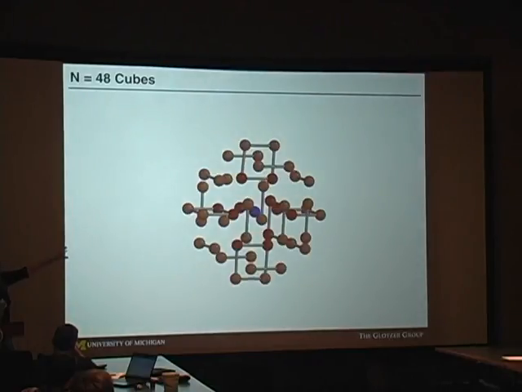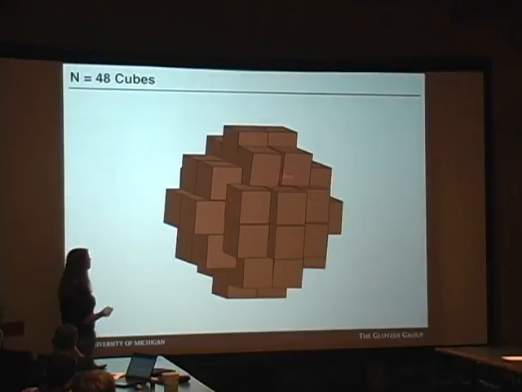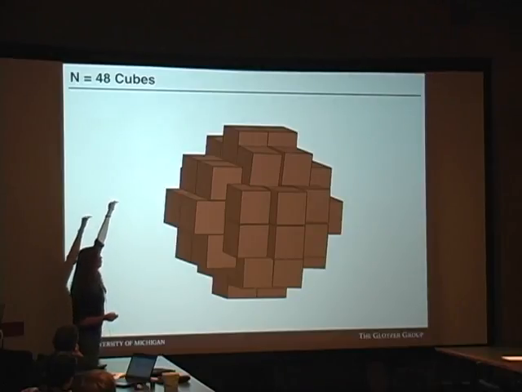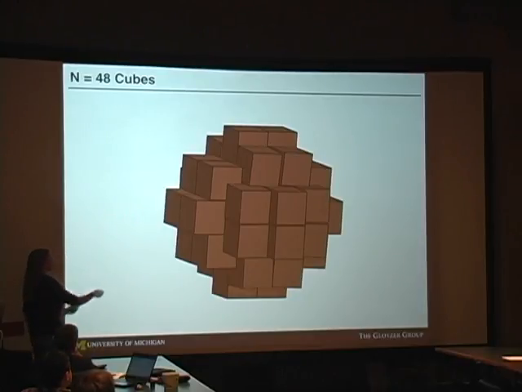This is kind of messy, but when you build up around it, even though this is a spherical cluster that has to fit inside a sphere, there's clear cubic symmetry. The threefold axis along the diagonal is clearly visible in the outer shell.